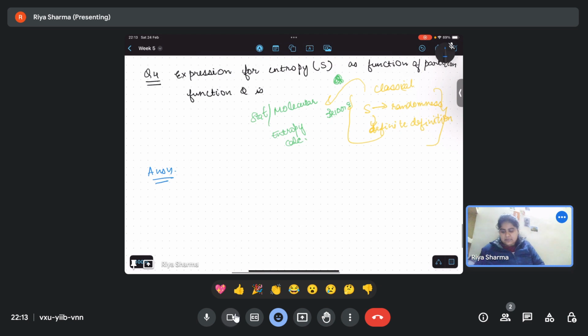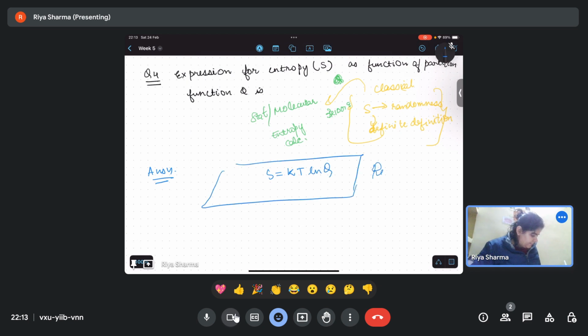So keeping this aside, you should always remember, so answer 4: what is the expression? The expression is S equals k ln of Q, remember this. Always remember this.